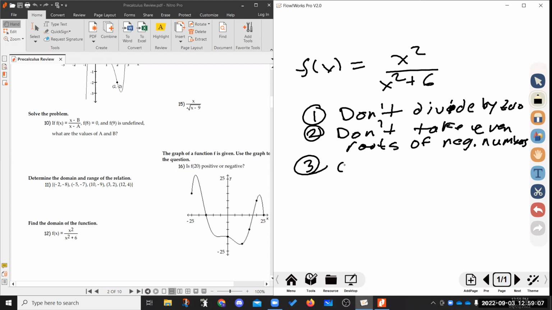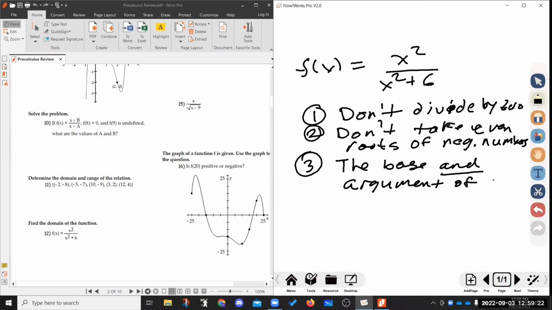And 3, only the base and argument of a log must be positive. We'll get to logs in a little bit there towards the end of this worksheet. But for right now, we're going to be dealing with these two rules.